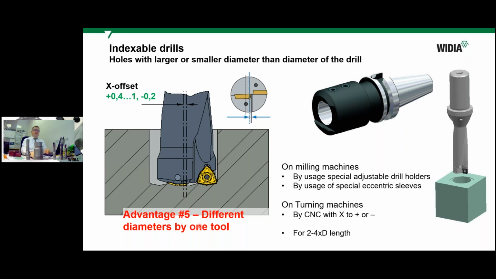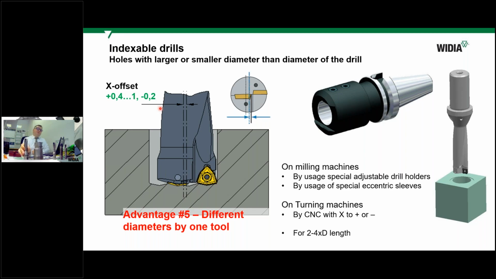A lot of drills, the center insert, now I hope you see the presentation. The center insert is crossing the center a little bit, and there is a small gap, and you can move this drill a little bit on X, in the direction of the X axis, about 0.1 or 0.2, and machine a diameter, for example, 19.8 or 19.7 by using the drill with the diameter 20.